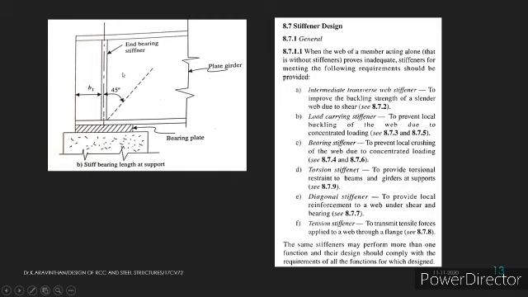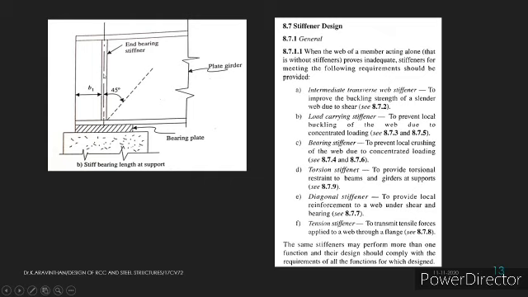So here the member has to have a higher resistance, hence we are providing an end bearing stiffener. This stiffener bears the load acting on the section. The whole load will be transferred through this particular area only. That is why we are providing this member.